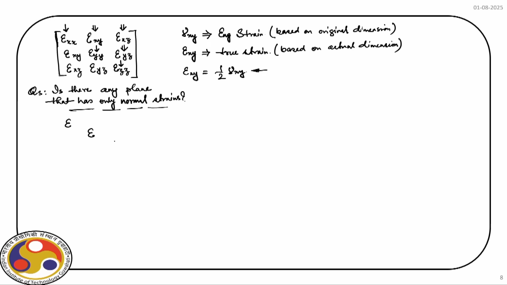Epsilon, epsilon, epsilon, that is the strain field, and if that is the strain field, then obviously we can again use this strain field as our starting point, and we can find out what is the resultant strain. So, we can write in a similar way as we did in case of stress analysis.